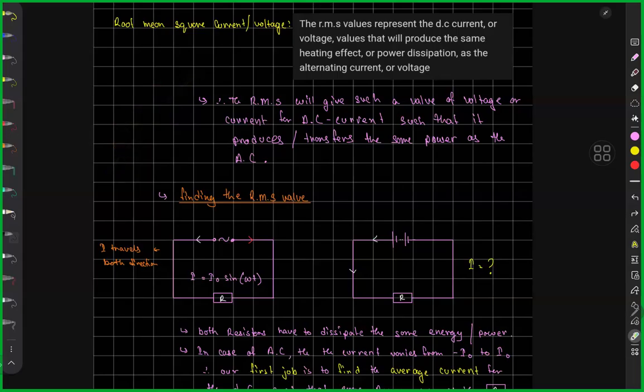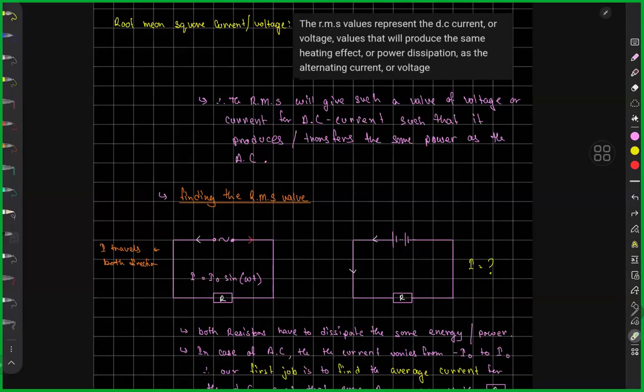So I'll repeat in a bit of a summary what I just said. As the current varies with respect to time, I can take a certain average of this current, and you'll see how we do that, and consider that value of current to be causing the power dissipation.